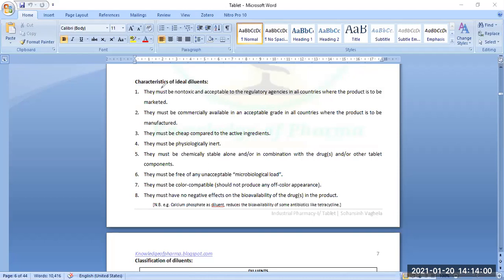Now, what are the ideal characteristics of a diluent? What parameters should you check while you are taking a diluent? They must be non-toxic. Every ingredient must be non-toxic, acceptable to the regulatory agency, for example like US FDA. In US FDA, there is a separate guideline for every inactive ingredient. That guideline is known as IIG, inactive ingredient guideline.